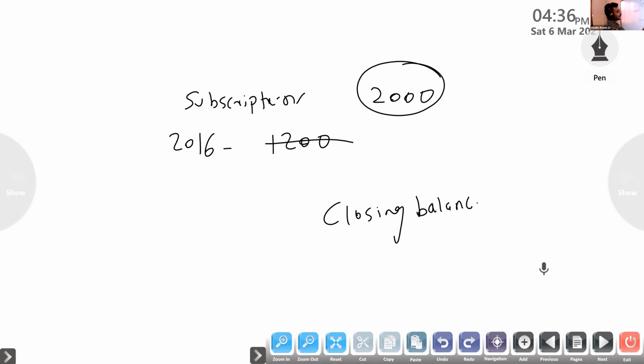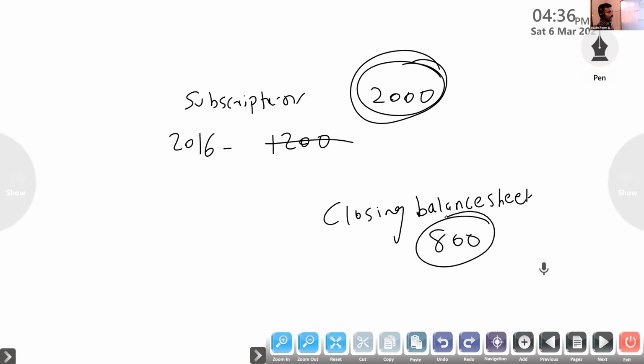Closing balance sheet means outstanding subscription. 2,000 we have to get from last year. Out of that 1,200 we received. So the remaining, while preparing the opening balance sheet, outstanding subscription 2,000. Opening means last year's closing.